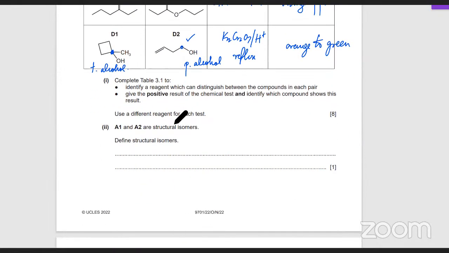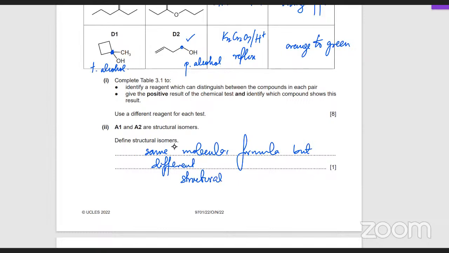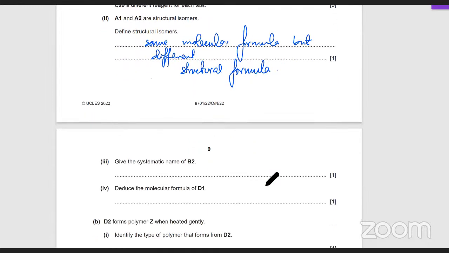Now, what are structural isomers? Molecules having same molecular formula but different structural formula.